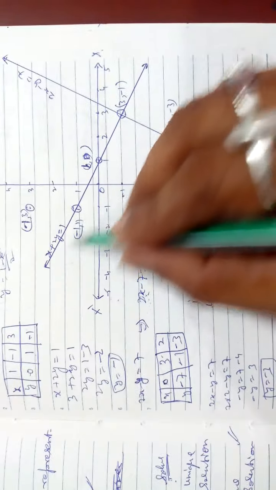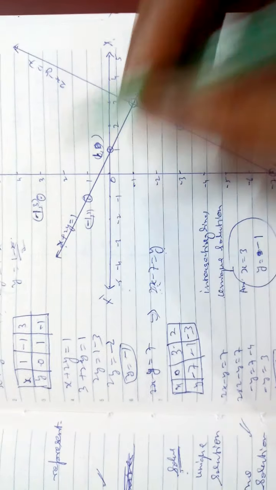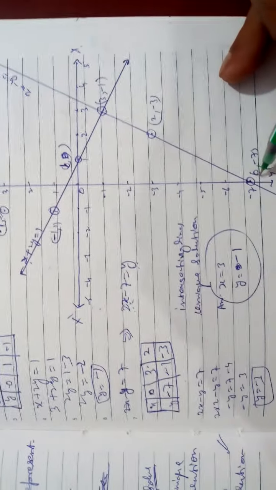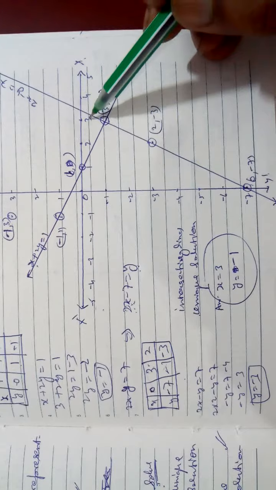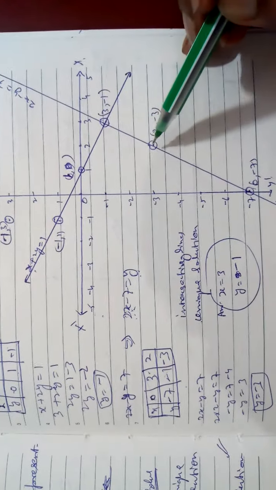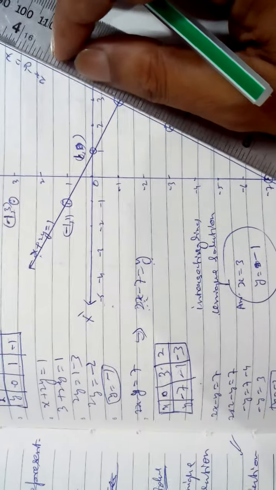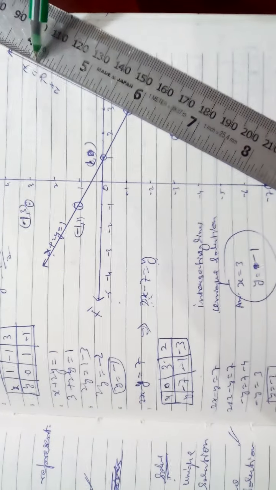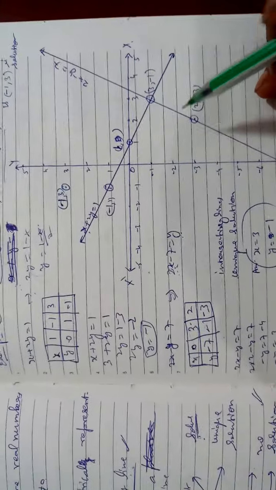Then draw the line by scale and write the name of the line. For the other line, plot 0 comma minus 7, then 3 comma minus 1, which is a common point, and 2 comma minus 3. Put the scale and draw it. After drawing, write 2x minus y equals 7. Without writing the name of the equation, don't leave any line.